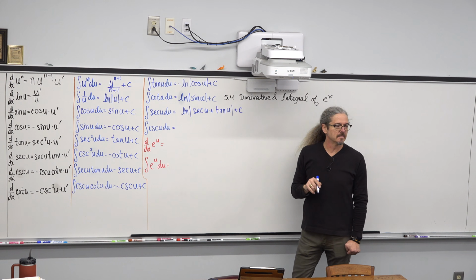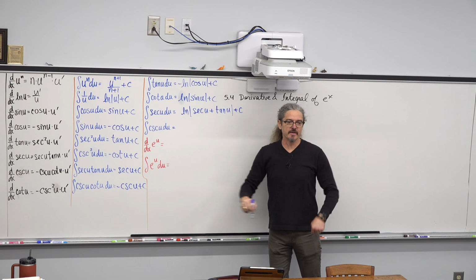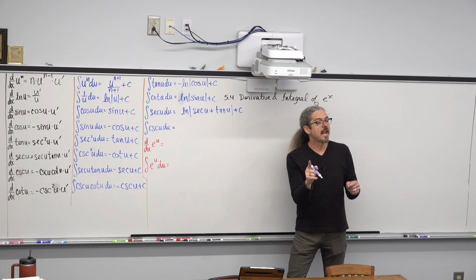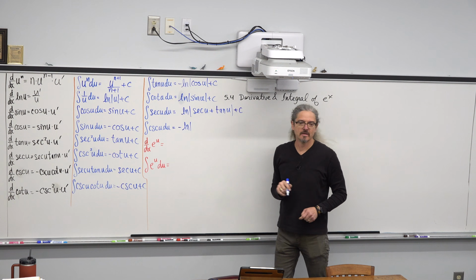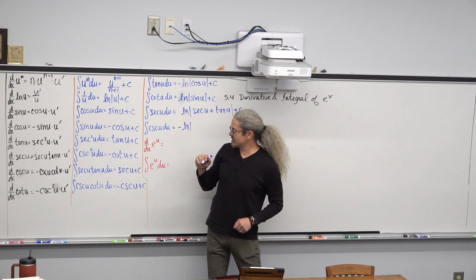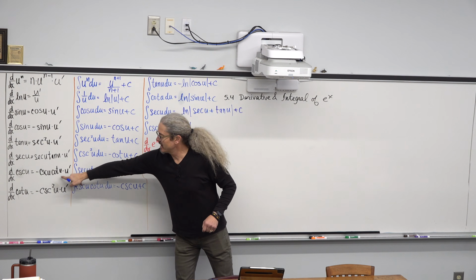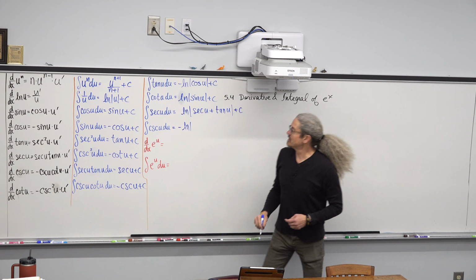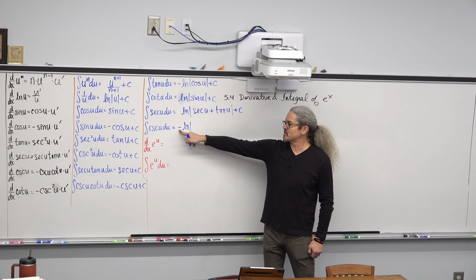plus c. And then the integral of cosecant of u: the derivative of cosecant of u is negative cosecant of u, cotangent of u, u prime. So we have a nice tie-in with the negative coefficient.